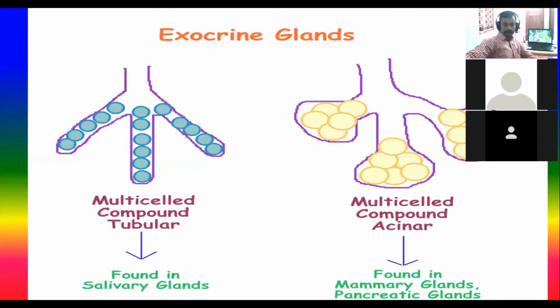Then salivary glands, then mammary glands, pancreatic glands. Mammary refers to secretion, breast milk production. Pancreatic gland is in the pancreas.